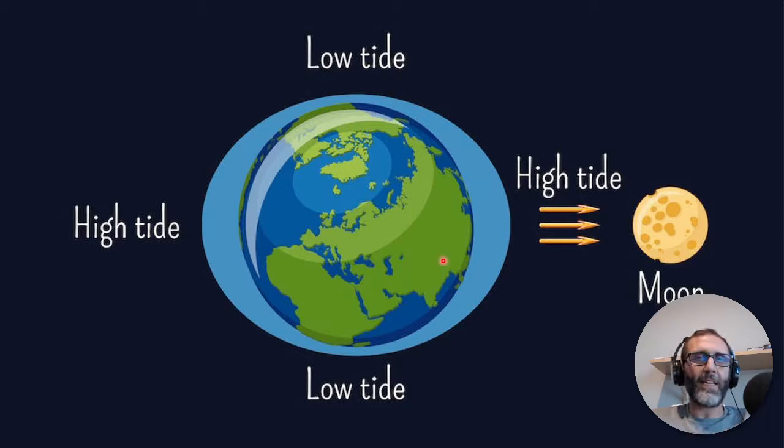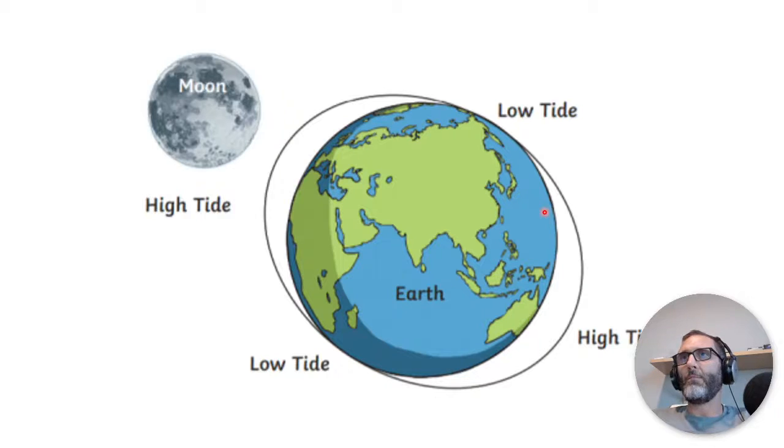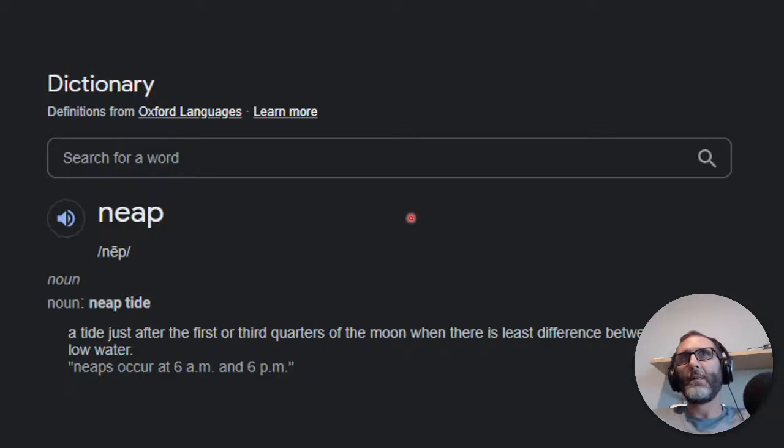But that's obviously not the case, right? In reality, the water would be the equivalent of an apple skin, minuscule in comparison to the size of the Earth. Just another image to paint the picture. You have the moon, high tide, directly opposite of that, high tide on the opposite side of the Earth.